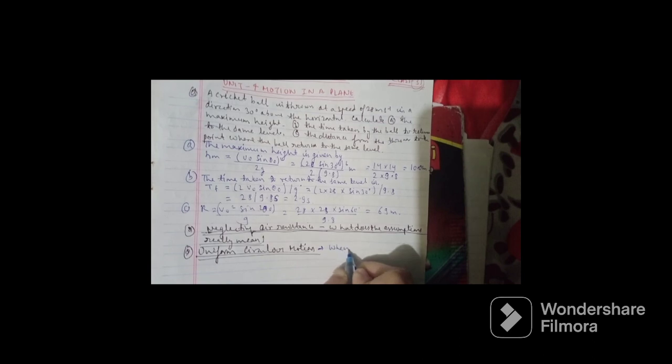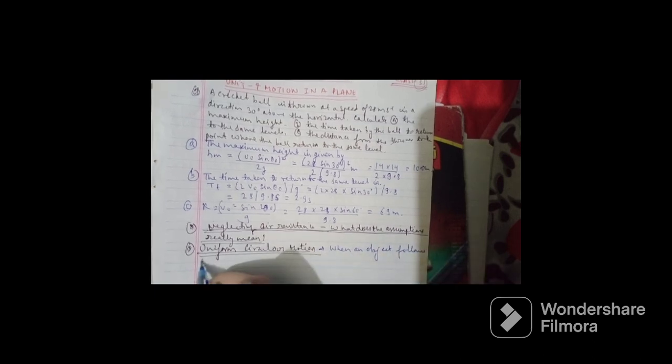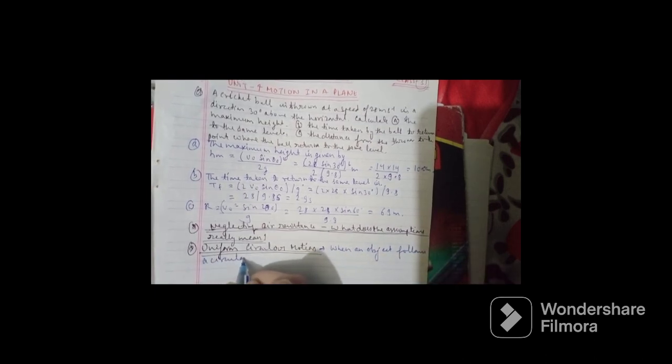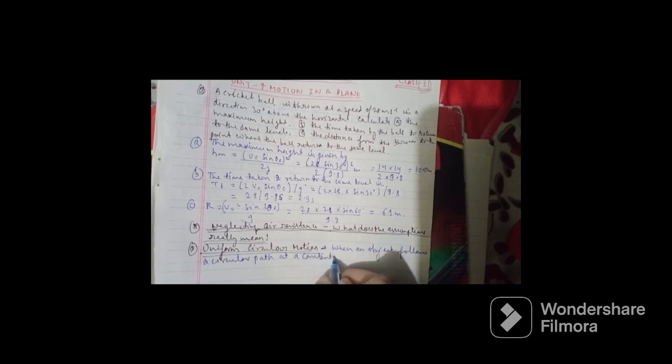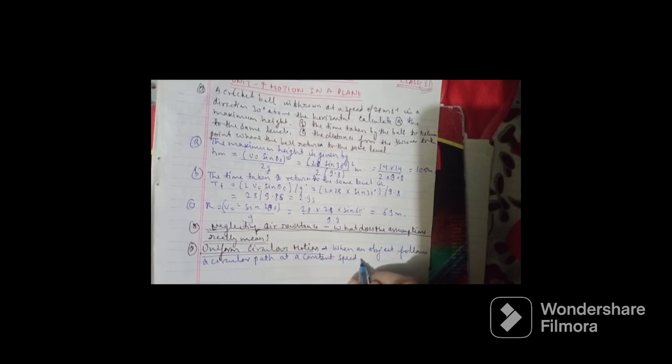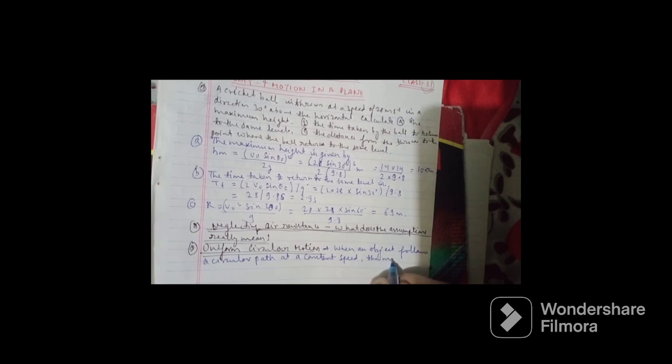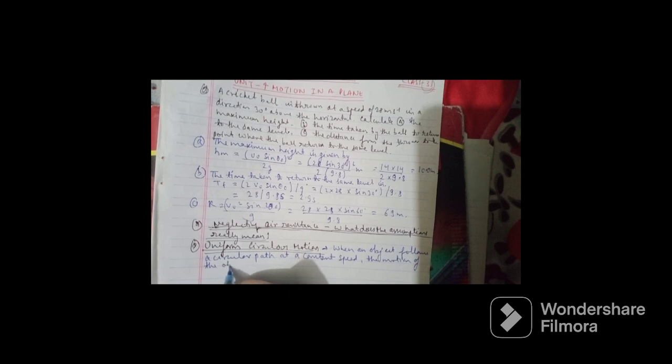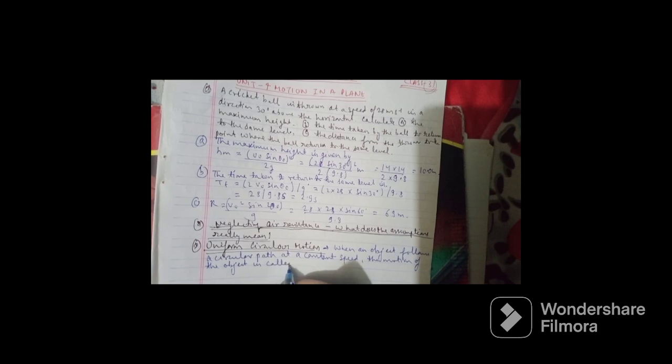When an object follows a circular path at a constant speed, the motion of the object is called uniform circular motion.